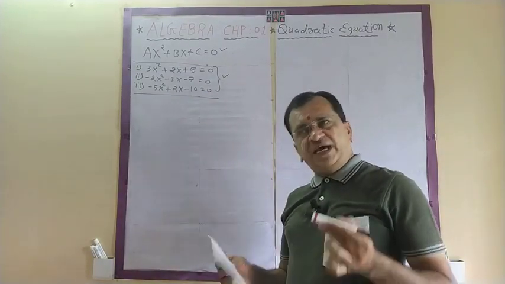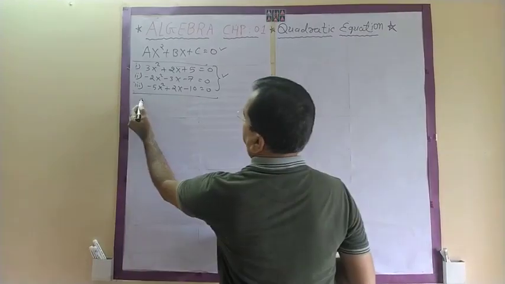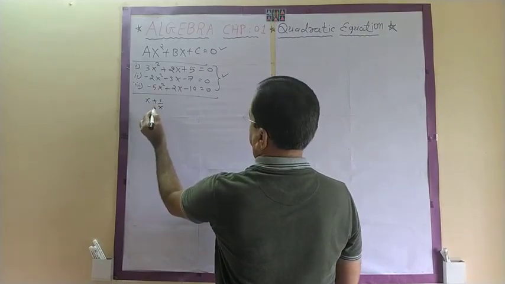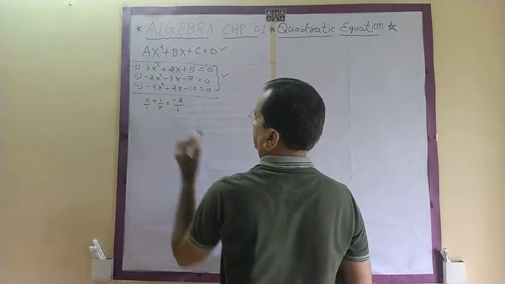Now we have to identify whether it is a quadratic equation or not. For example, x plus 1 by x is equal to minus 2 by 1.